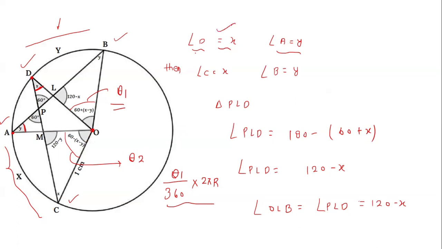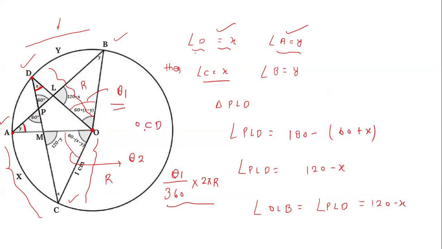Now I have assumed this angle as x and this as y. So now you see the angle C also becomes x. How will it become x? This distance is the radius of the circle, and this distance from the point O to C is also the radius of the circle. So OCD is an isosceles triangle.